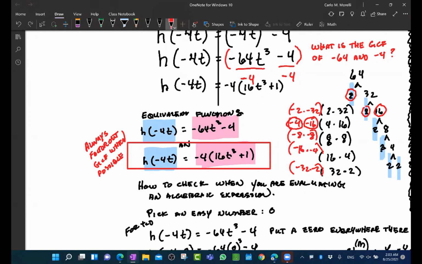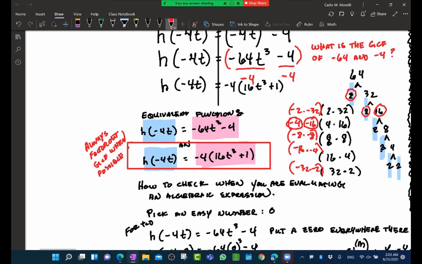So maybe what we should do, I can't select this shape anymore, but I can select it with the mouse.